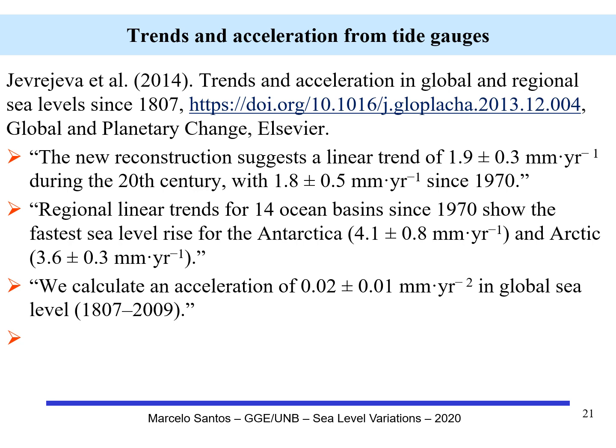Regional linear trends for 14 ocean basins since 1970 show the fastest sea level rise for the Antarctica, with a linear trend of 4.1 plus or minus 0.8 millimeters per year, and the Arctic linear trend of 3.6 plus or minus 0.3 millimeters per year. They calculated an acceleration of 0.02 plus or minus 0.01 millimeters per year squared in global sea level from 1807 until 2009.